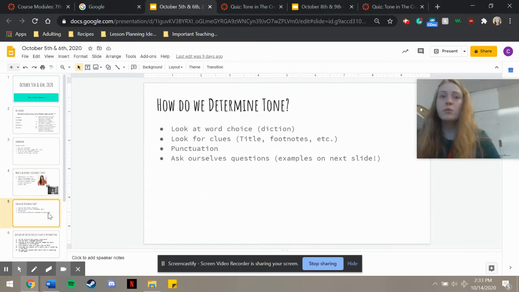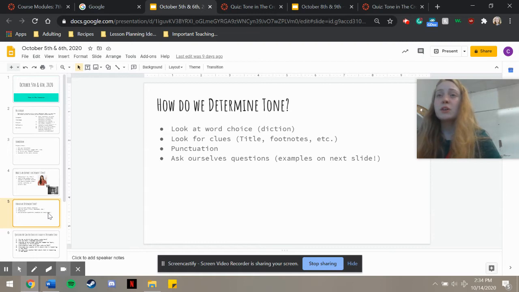All right, so some of the questions we can ask ourselves is, how do we determine tone? There are a few things that we can look at. We can look at something called diction, which is the word choice that the author chose to use. If they use words with positive, uplifting, happy meanings and connotations, we could potentially make a guess that they are also feeling or have an attitude of happiness or excitement or joy.